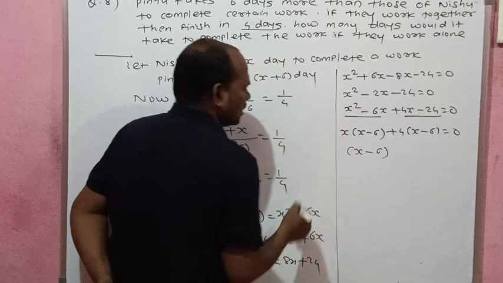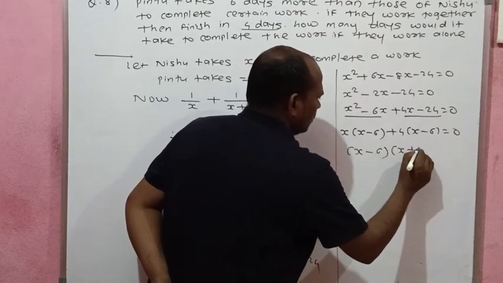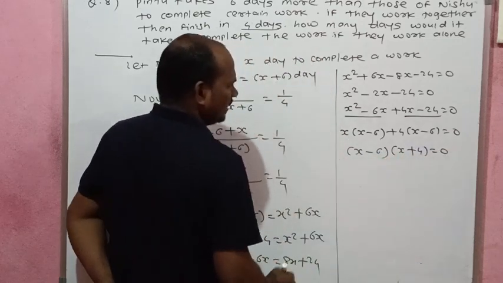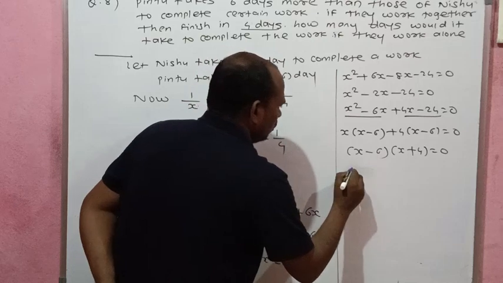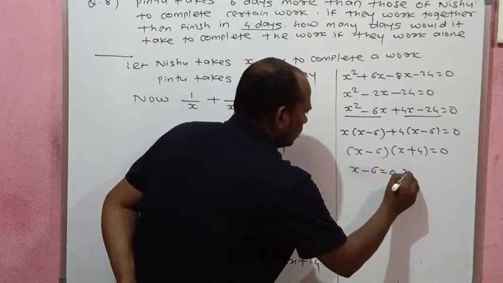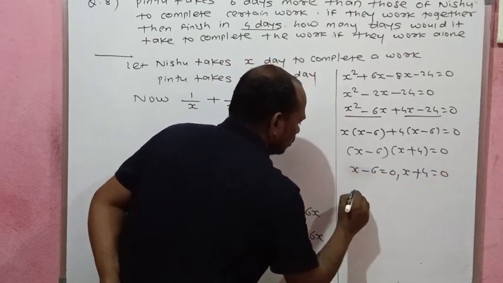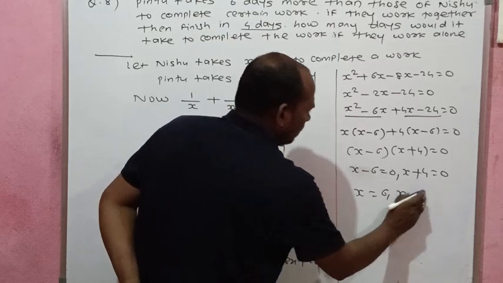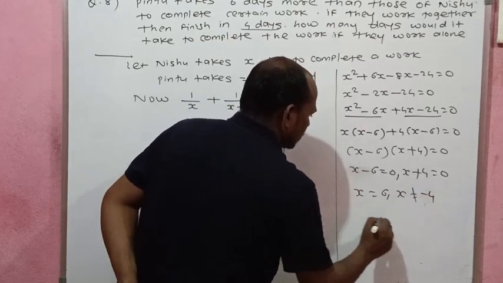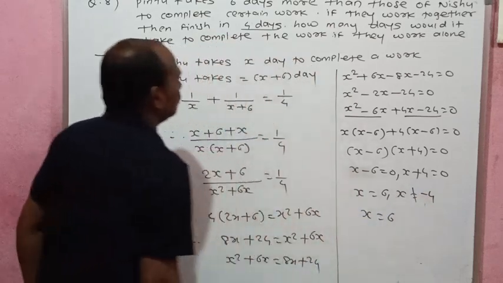Therefore x minus 6 in one bracket, x plus 4 in one bracket. Therefore x minus 6 equal to 0 and x plus 4 equal to 0. x equal to 6 and x equal to minus 4. The minus will be cancelled. x equal to 6 days.